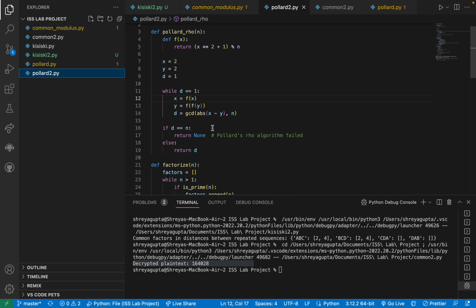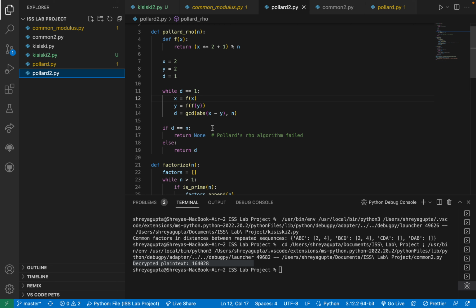Once identified, the algorithm computes the greatest common divisor. Like in the previous one, where we saw what GCD was and how we used it with s and t for the common modulus, here we are also using the same concept. GCD of the differences between the consecutive elements and n. If the GCD is greater than 1 and not equal to n, then n is composite, otherwise n is likely to be prime.